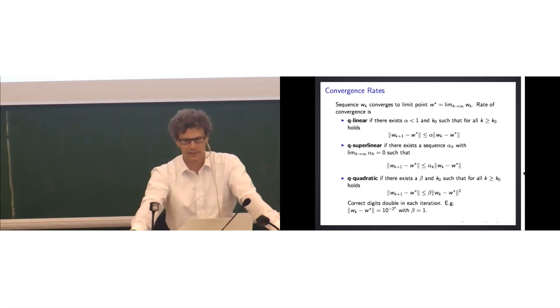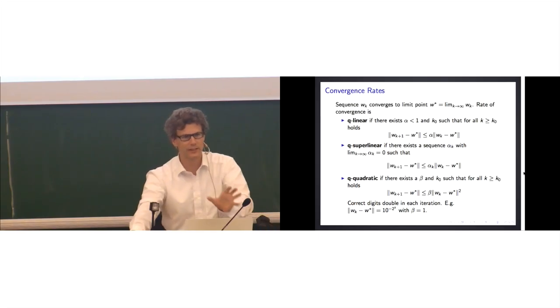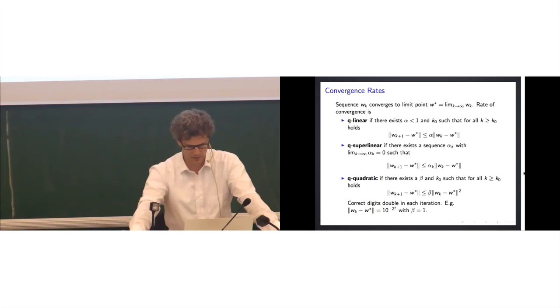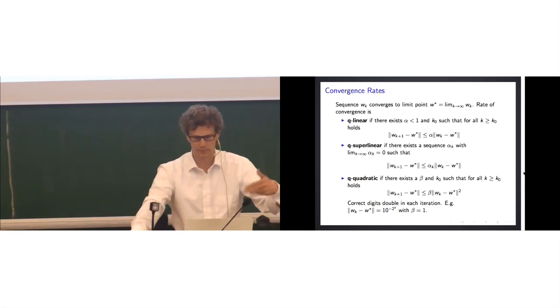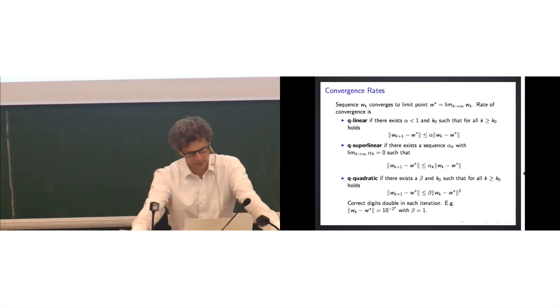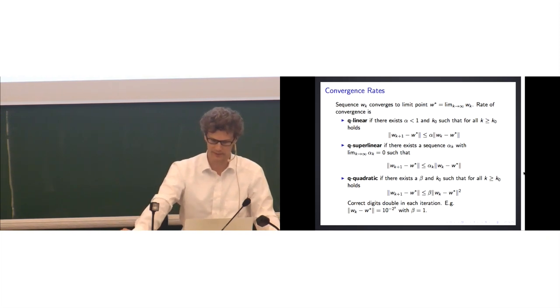If alpha is just 0.99, so very close to 1, you will nearly make no progress and you will take ages until you converge. So it depends very much on this alpha. And if you have a good contraction rate, let's say something below 1/2 or even below 1/10, then usually you are happy. But if not, you can be very unhappy with q-linear convergence. So the next good thing to have is superlinear convergence.